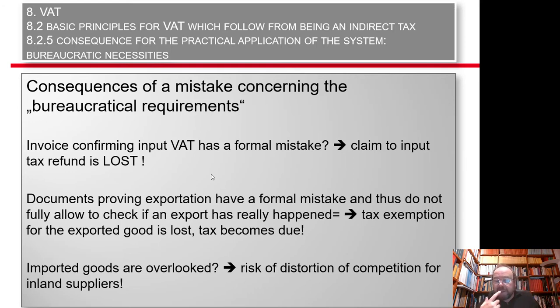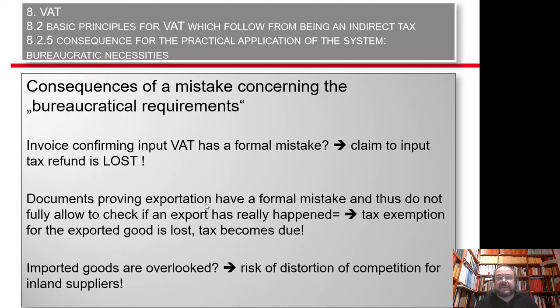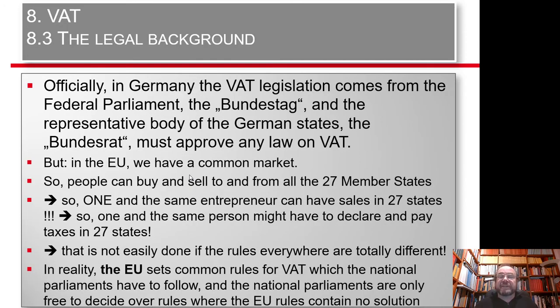Imported goods having been overlooked is also a risk. But for the enterprises, the first two risks are the major ones. Entirely dangerous. That is why you must be absolutely familiar with value-added tax rules in real life.